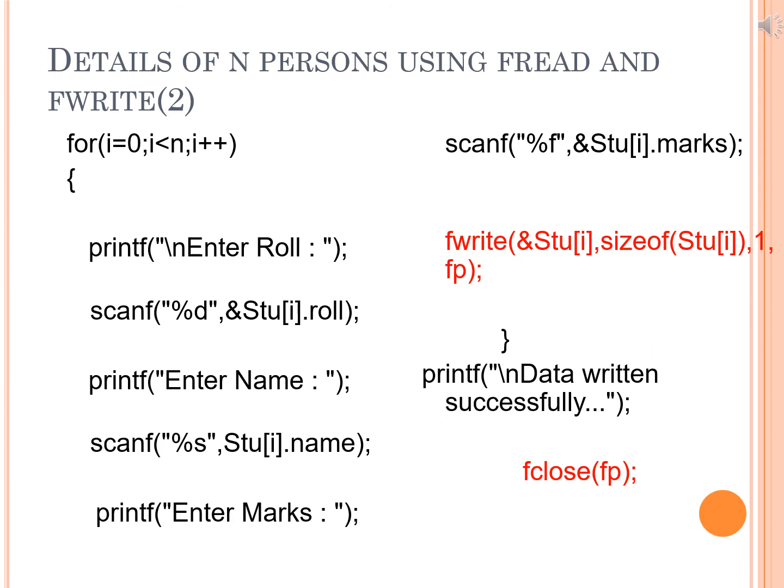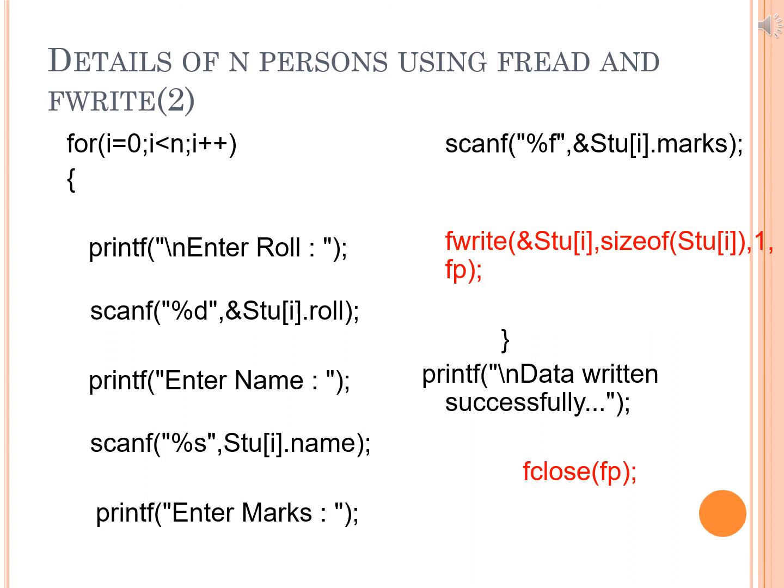Inside the loop, you are writing each student's data into the file. So fwrite has 4 parameters: reference of stu[i], comma, sizeof stu[i], the number of times that you want to write, 1, and the file pointer is fp.